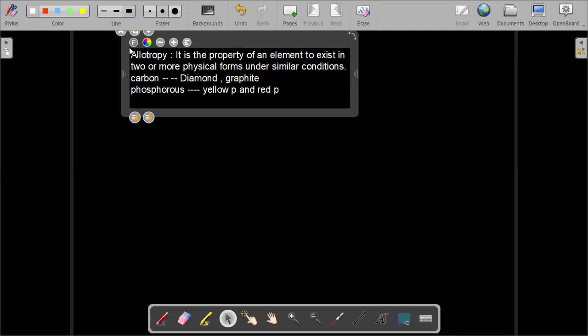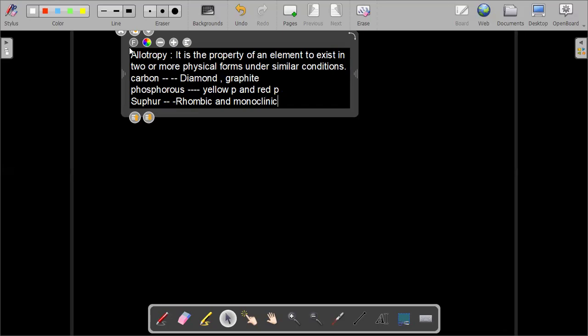In a similar way, you also find the allotropes of sulfur: rhombic sulfur and monoclinic sulfur. So there are different elements which can show allotropy.